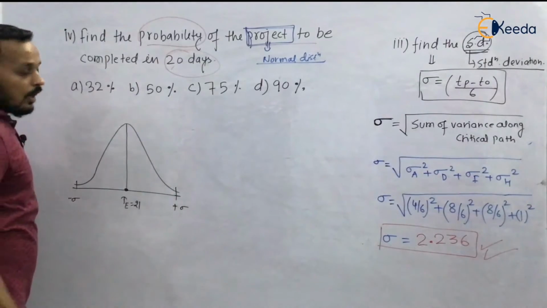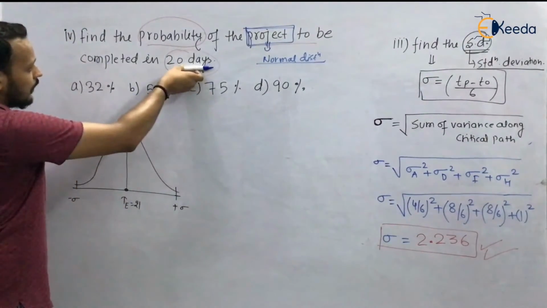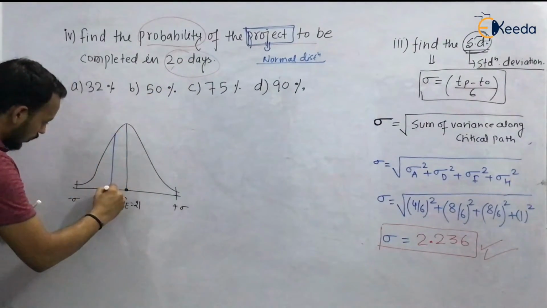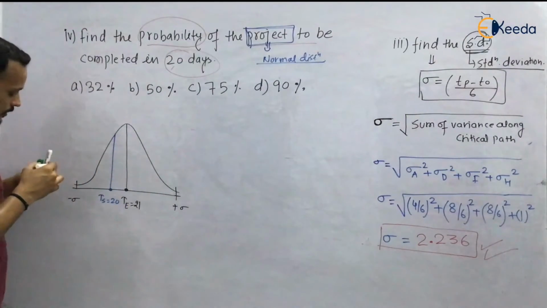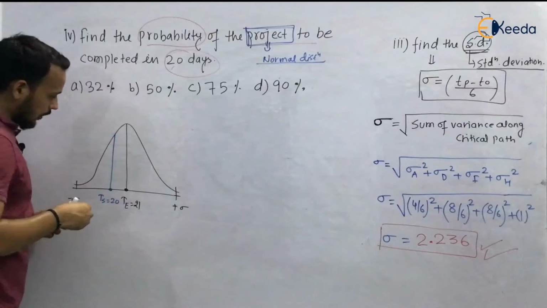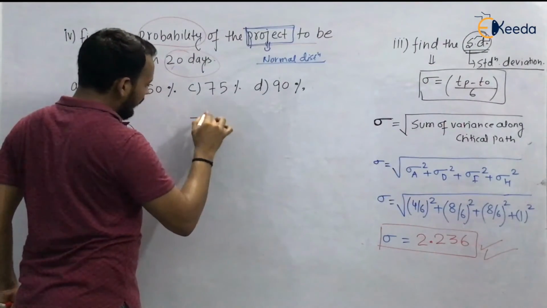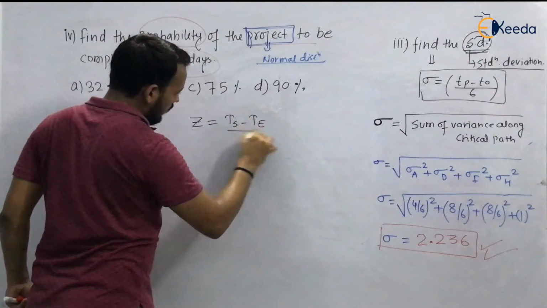So our mean project completion time is 21 days, but they are asking for it to be completed in 20 days. So 20 is our scheduled time. So just find Z, that is the standard normal variable. Z equals Ts minus Te by sigma.